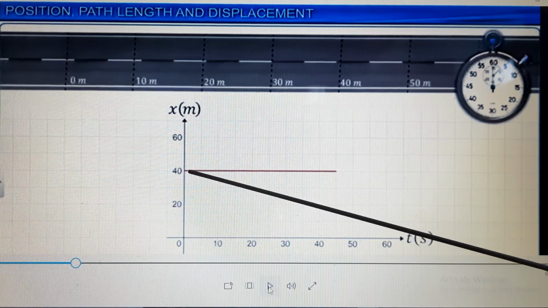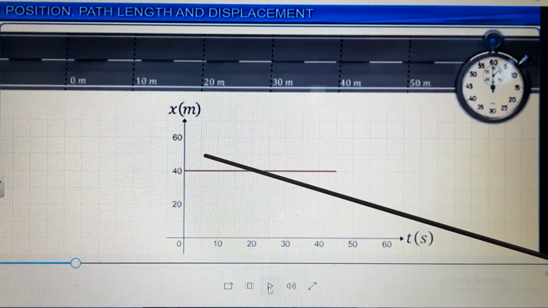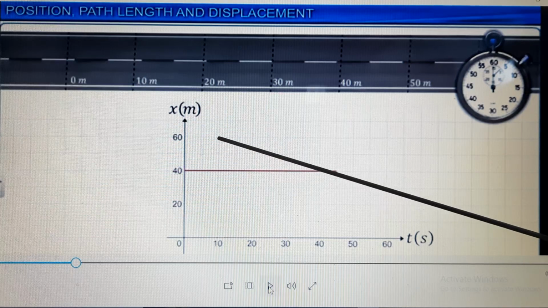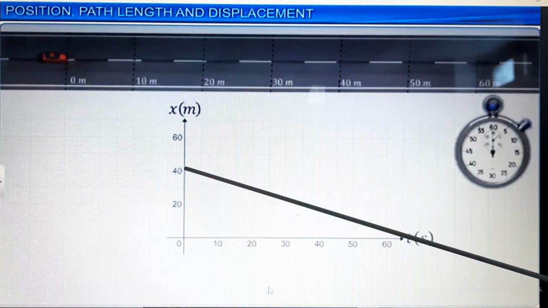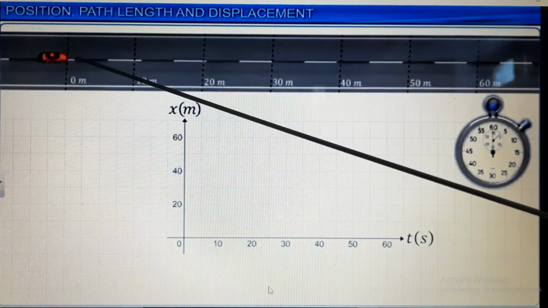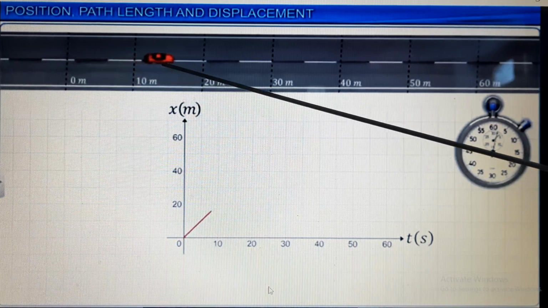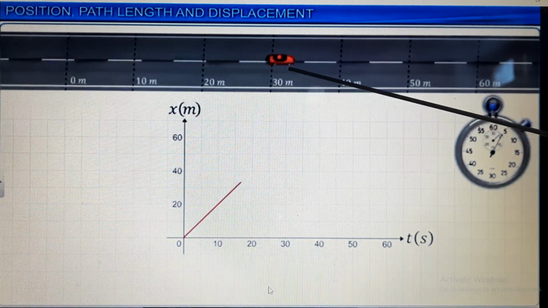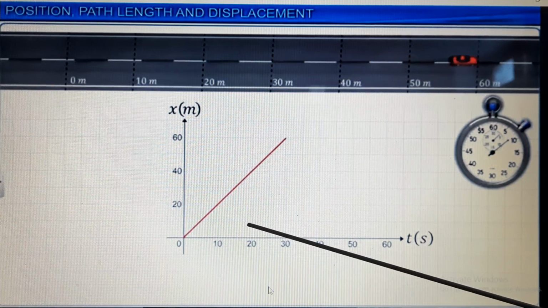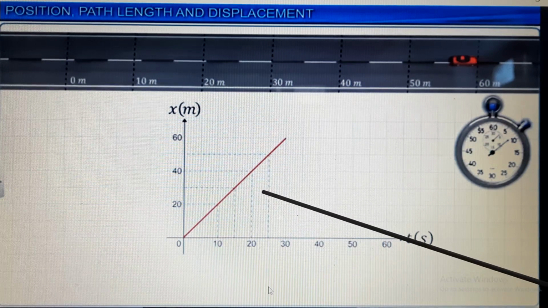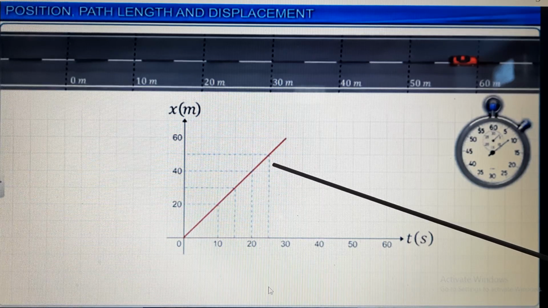Okay, so this body is at rest. But suppose this car is moved with respect to time. Look here, in equal time intervals its velocity is constant. Means now we get this type of graph, and this is uniform motion. Means the object has uniform motion.